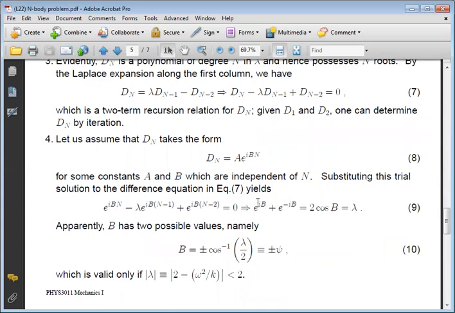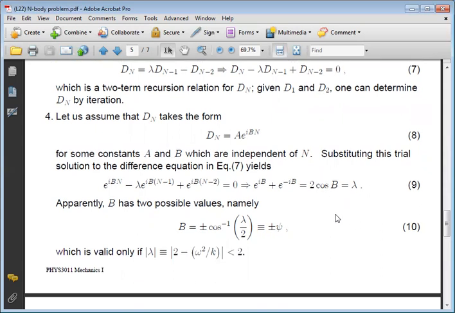Taking a closer look at these two terms, we recognize that it is equal to 2 cosine b. So we have 2 cosine b equal to lambda. Apparently, b has two possible values. Namely, b can be plus or minus arc cosine of lambda divided by 2.